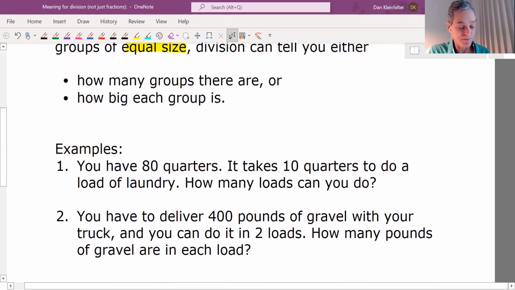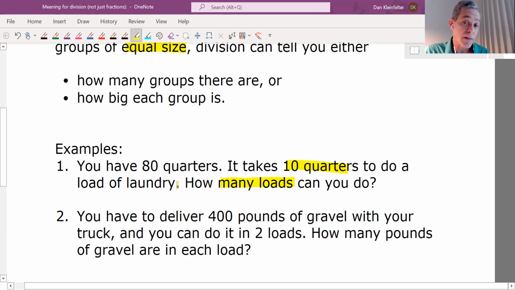As an example, or two examples, suppose that you have 80 quarters. There's a big pile of quarters. It takes 10 quarters to do a load of laundry. How many loads can you do? So in this case, you have this big pile of 80 quarters, and you're putting it into groups of a known size, that is 10 quarters, and you want to know how many groups you can get out of it.